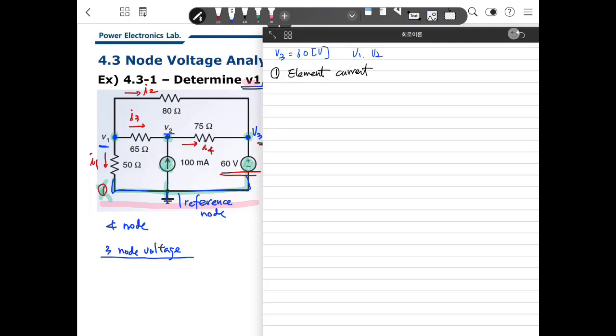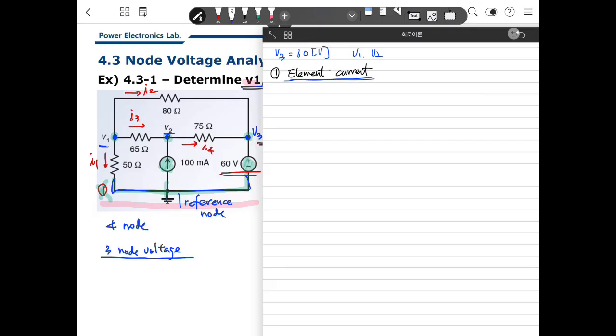So I want to calculate the current. Maybe you have a question about how many currents we should define at this point, and why we need to define the element current here.